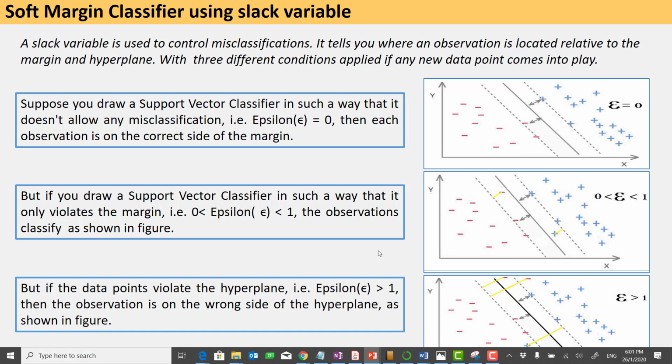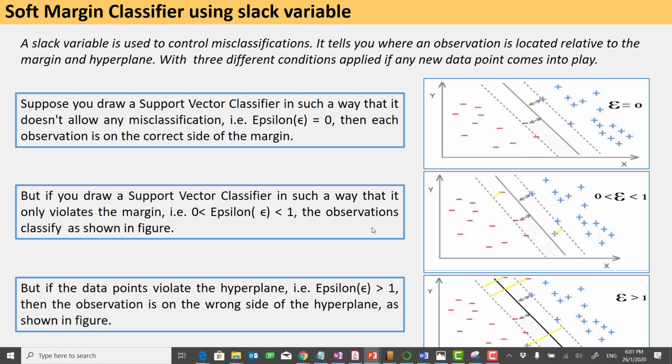So we still have control of the epsilon here. You have to understand that point. But in case 3, where epsilon is greater than 1, that means it can allow situations where the data points cross even the boundary lines from the other side as well.